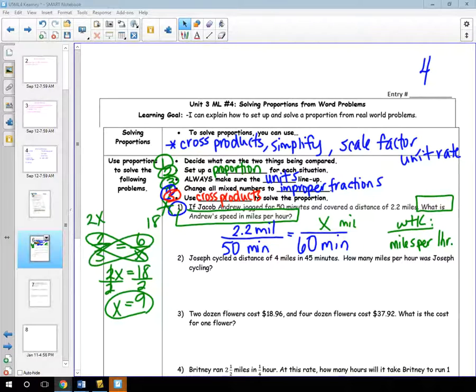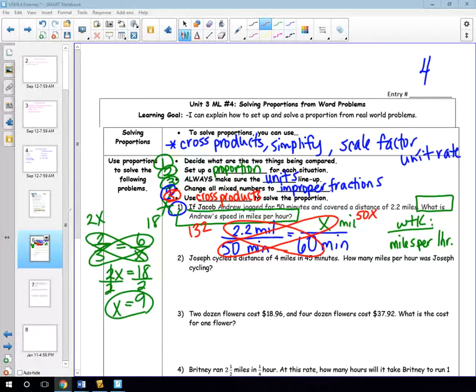So we can go through and cross multiply. Okay, so we say 60 times 2.2, and you can go over to the side and do your work. So 60 times 2.2, and that would be 132. Okay, and then we cross multiply 50 times x, and that would be 50x.